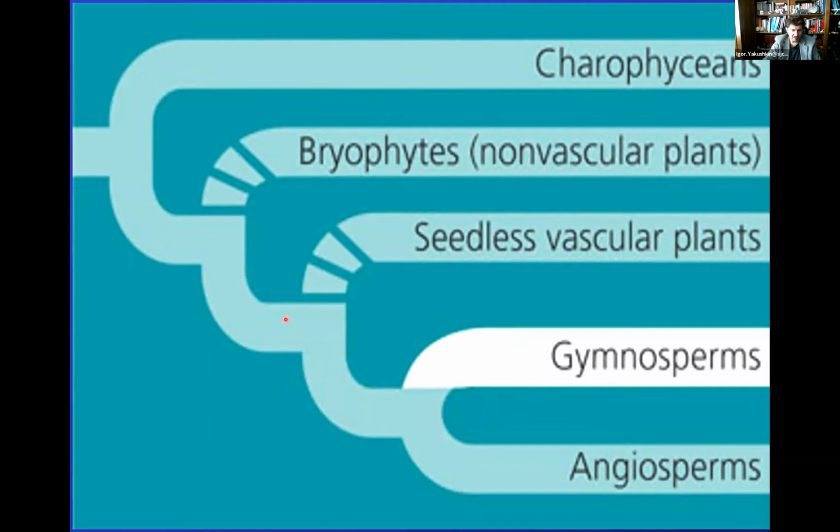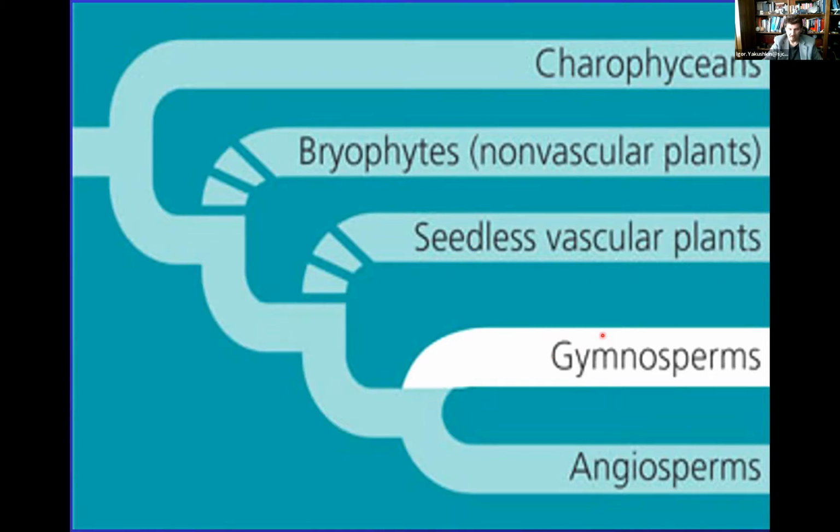So looking at the seedless vascular plants, they start having a problem of not enough water present, so the sperm cannot swim to the egg. As a result, they had to come up with wind-blown pollen and the seed to protect the embryo from dehydration.